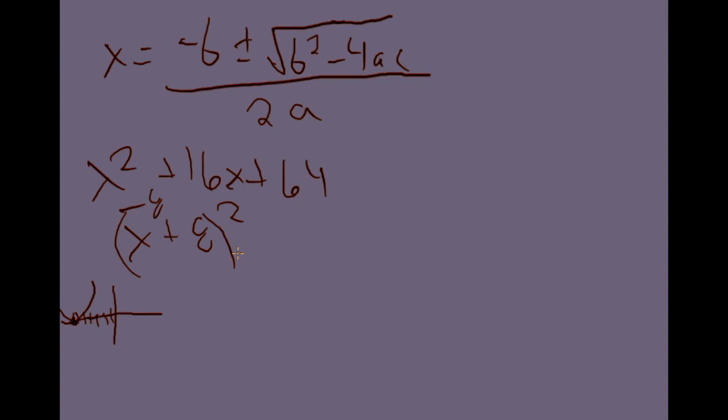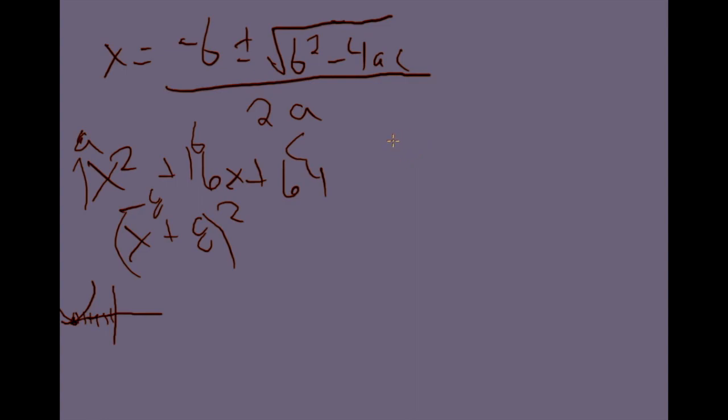Okay, but now let's check our quadratic formula to see if this is correct. So x squared is the same thing as 1x squared. So 1 is our a, b is 16, and c is 64. All right, so let's enter it in.